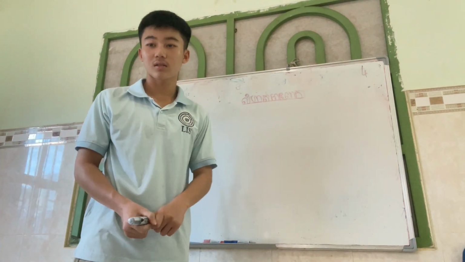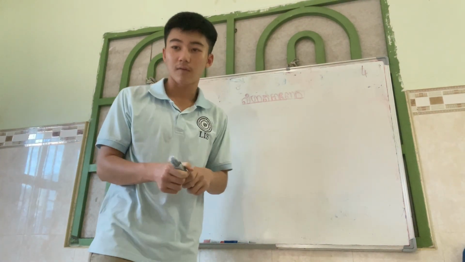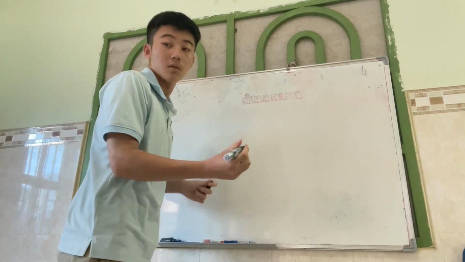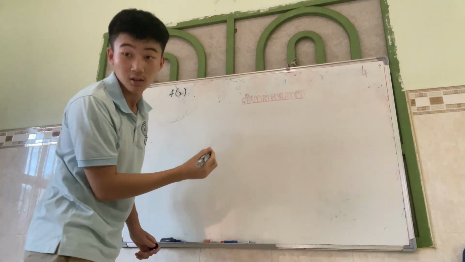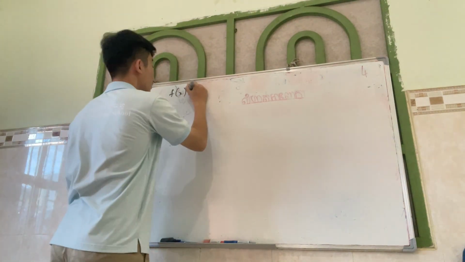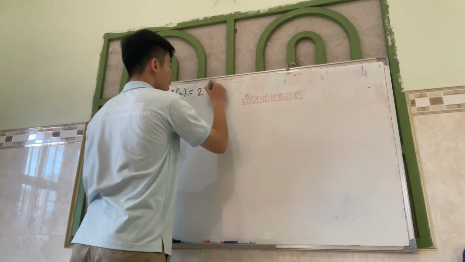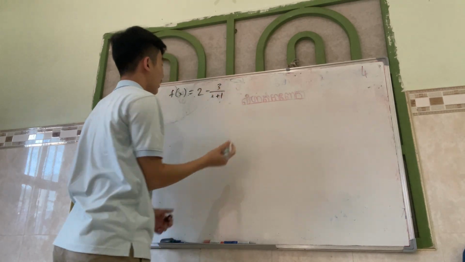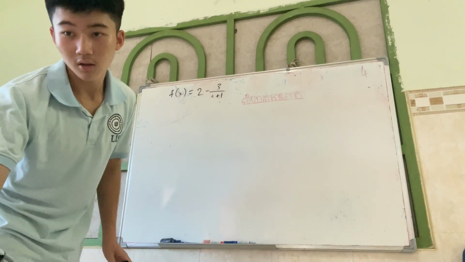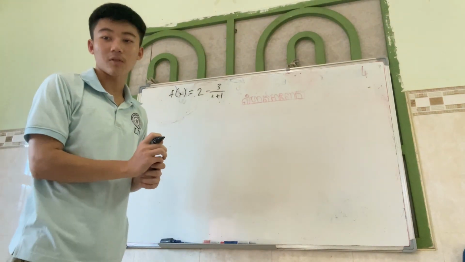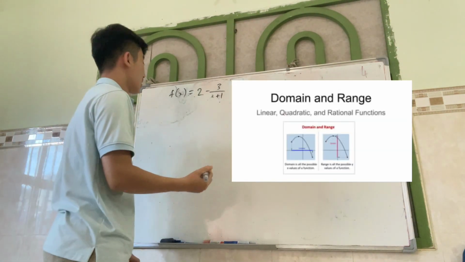I'm going to work on a function that is given to me, which is f(x) equals 2 minus 3 over x plus 1. First of all, we need to find the domain and range.